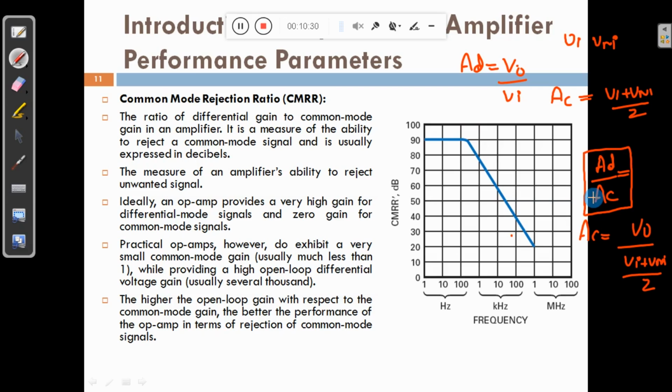This is the best parameter to determine to what extent the operational amplifier will reject the common mode signal. According to the definition, an operational amplifier is a high gain, high bandwidth differential amplifier. It should amplify the differential signal, not the common mode signal. So this parameter is mainly used for this analysis.